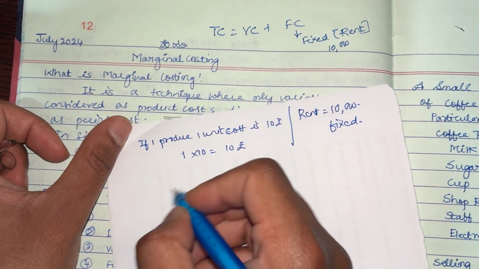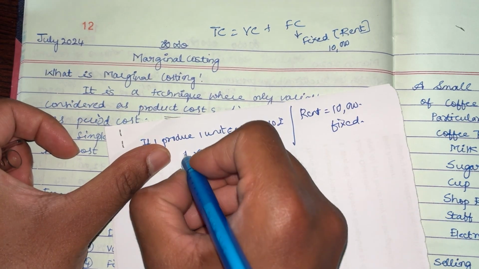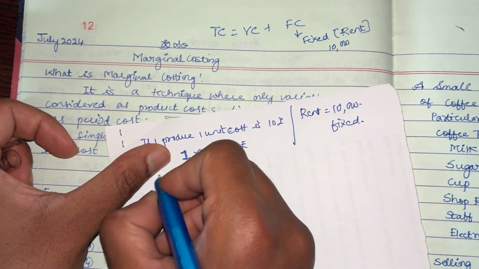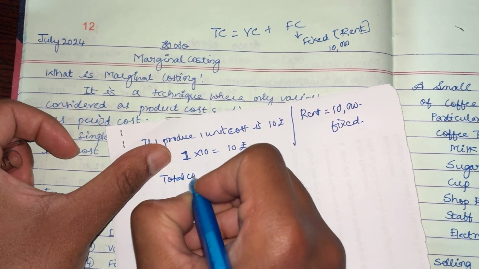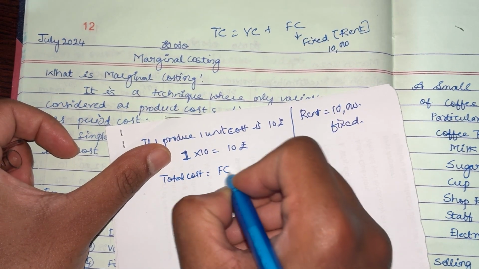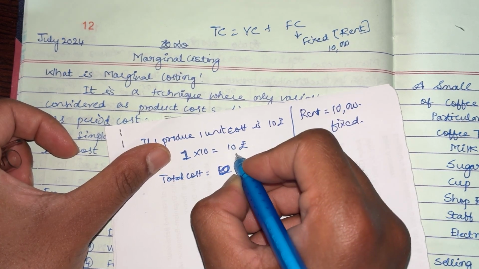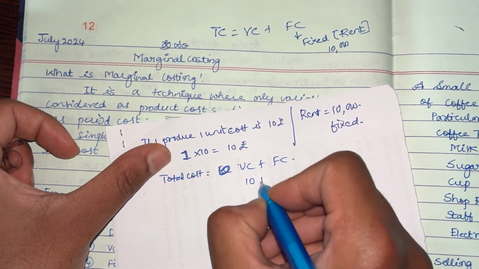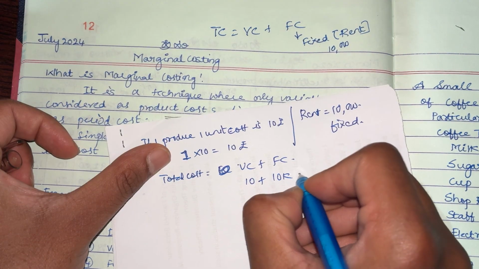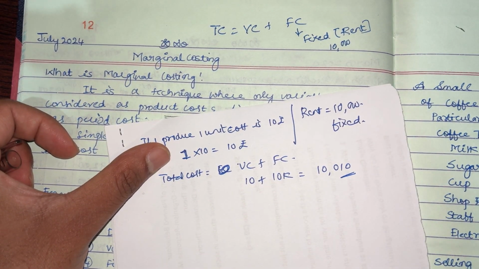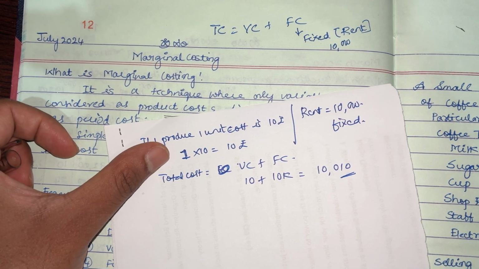Total cost, as I've already seen in the formula, is equal to variable cost plus fixed cost. What is variable cost here? 10 rupees. What is fixed cost here? 10,000. So total cost to manufacture one unit is 10,000 plus 10 rupees.